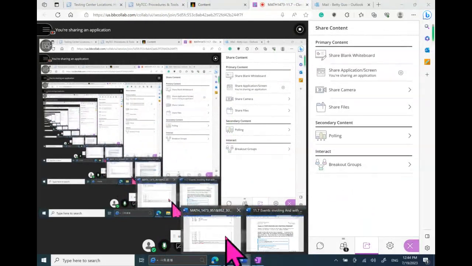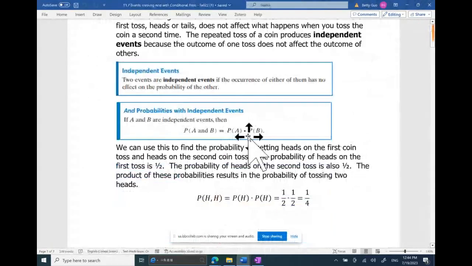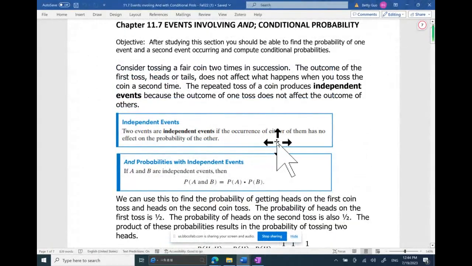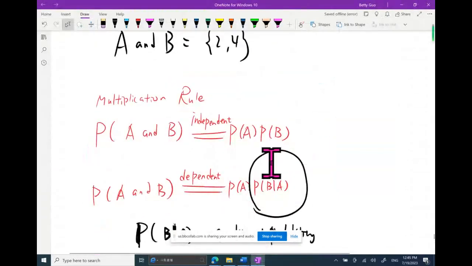Okay, so let's go back to our guided notes here. The first concept in this note is independent. It is the concept of independent. We mentioned that earlier here, right? We have two formulas in the multiplication rule.